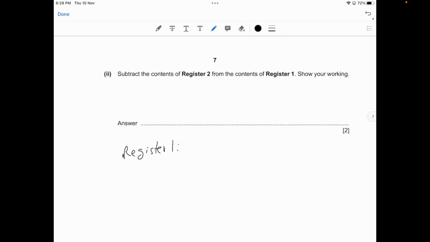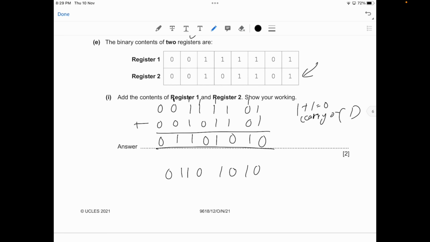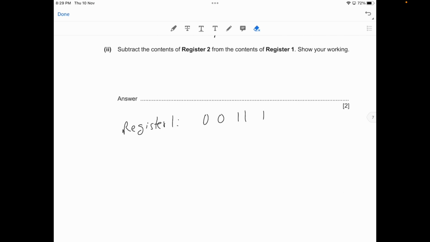I'm just going to be checking the values closely so that we can analyze how this works, because it's very critical that you understand this type of concept when dealing with these numbers. Register 1 has binary value 0 0 1 1 1 1 0 1. I just got this from the question above. Let me just write that down neatly so you can see this. Register 2, however, is more like 0 0 1 0 1 1 0 1.